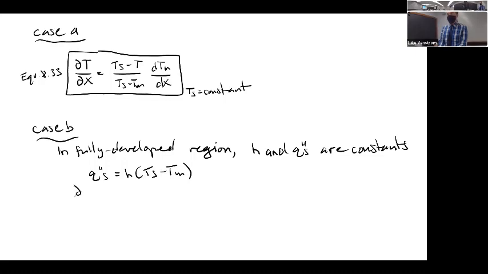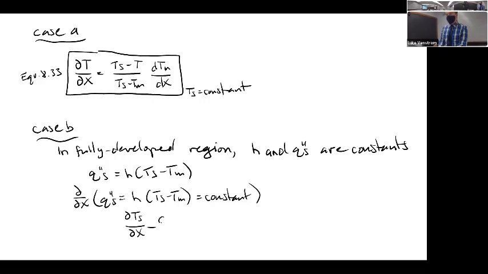So if I take the derivative of this equation with respect to x, Ts minus Tm is going to tell me this is all equal to a constant. And so what that tells me is that dTs dx minus dTm dx has got to equal 0, right? Because the left-hand side is 0, h is a constant, can't be 0.